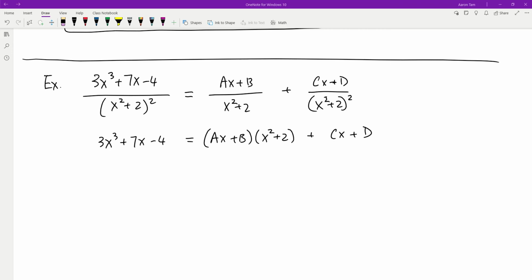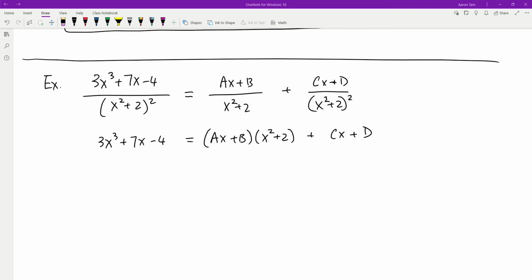And I'm not too keen on solving a system of 4 equations, 4 variables, which can definitely be doable, but it seems like it might be a little hard. So I'm going to take a little different approach here, which is also a very valid way to solve this equation for A, B, C, and D.